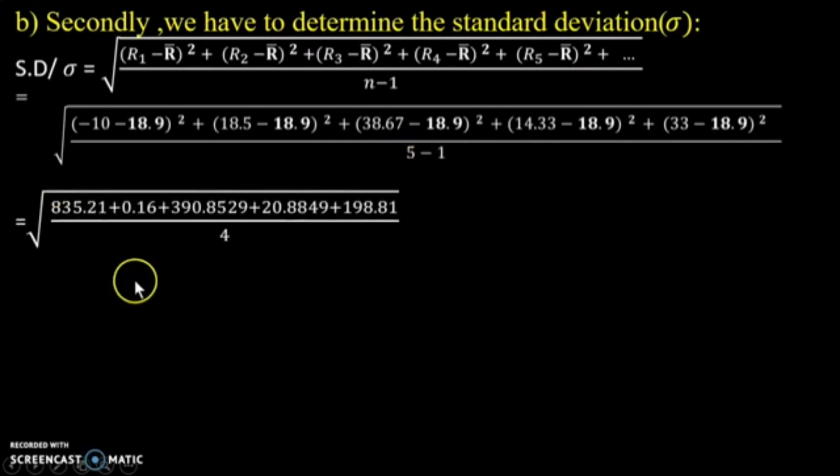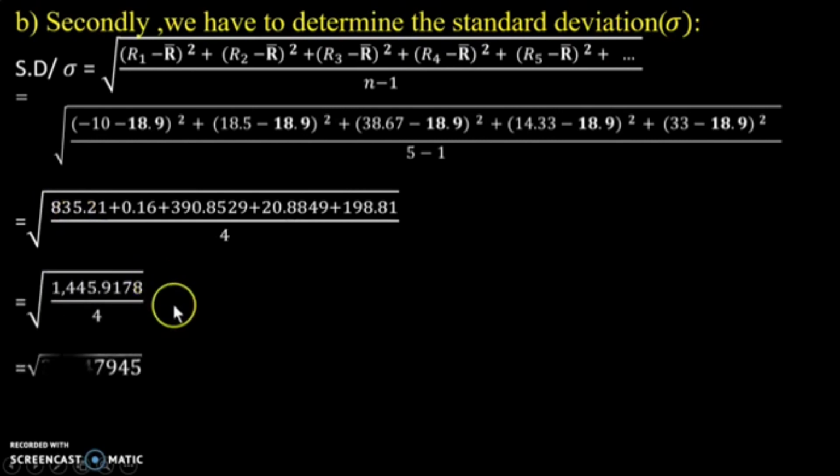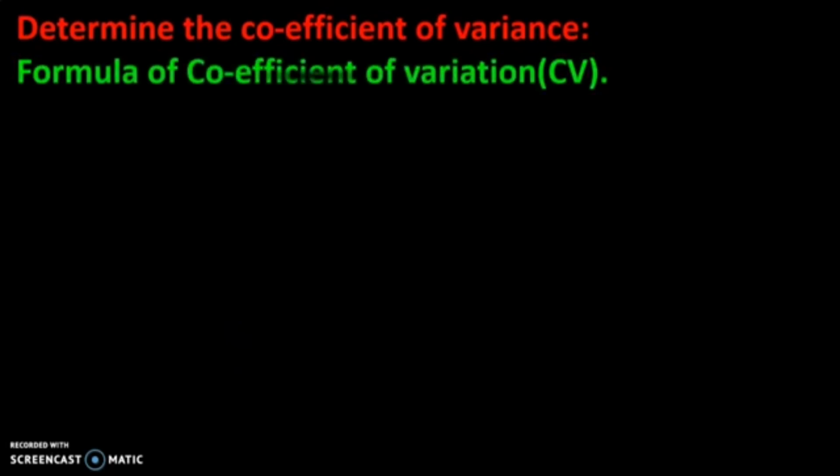And we calculate and find out the standard deviation is 19.01%. Now we calculate the coefficient of variation.